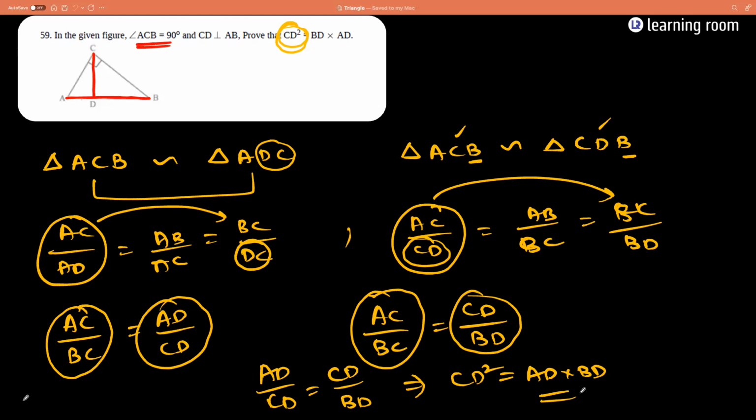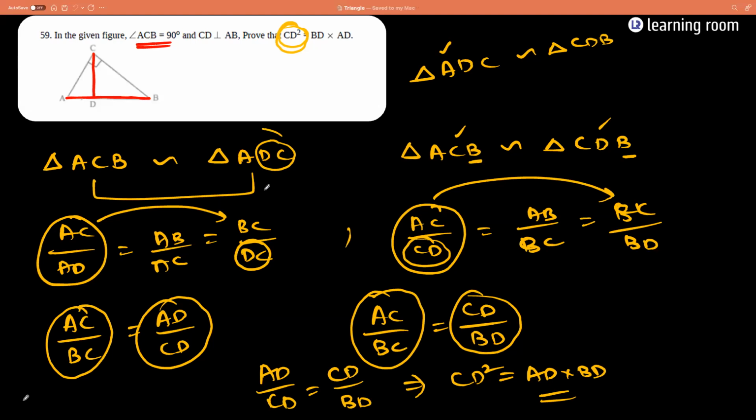Sir, in the first step, can't we say that triangle ADC is similar to triangle CDB? We get that from the first step, because triangle ACB is similar to both.